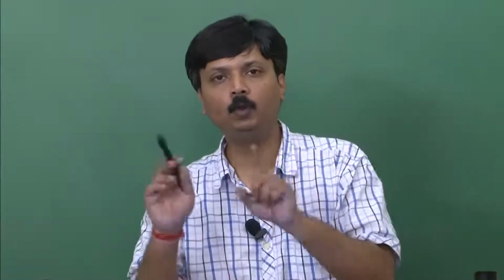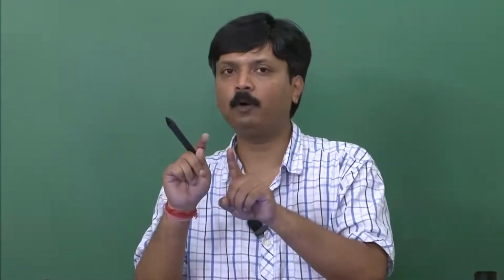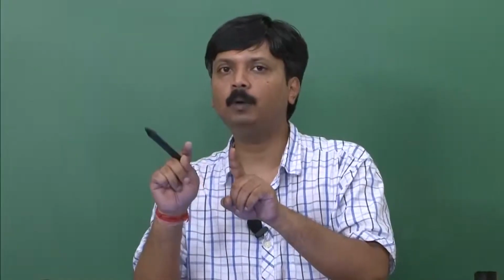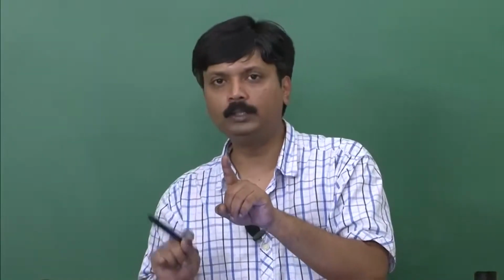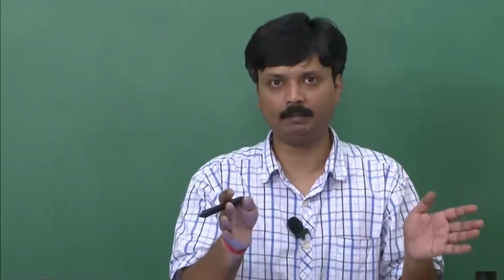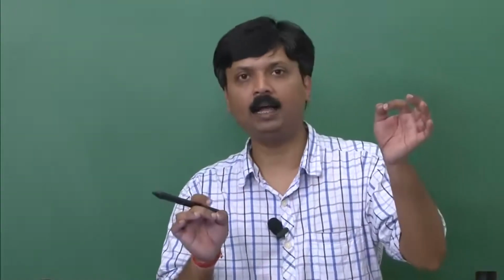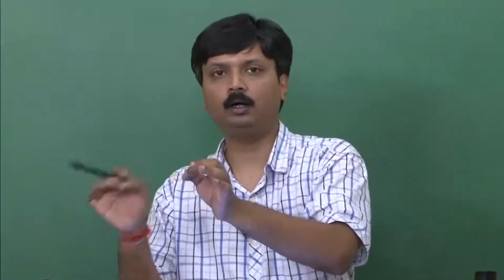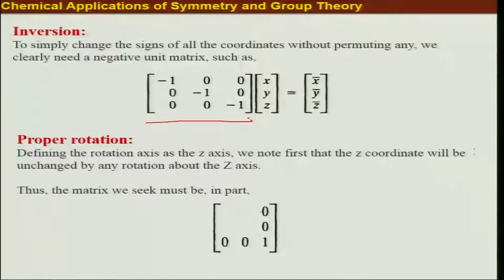If I had 2 points, I would have a total of 6 coordinates, because I will have x1, y1, z1, x2, y2, z2. So my matrix would then be a 6 by 6 matrix. Okay, and I will have 6 diagonal elements, which will dictate the fate of these points from the starting point to the ultimate structure. So that's about the inversion symmetry and its matrix representation.